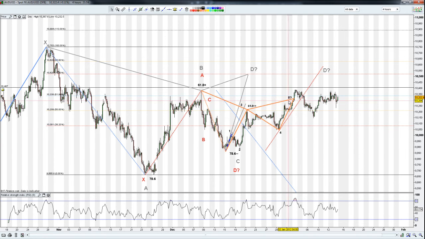It got up into a close 786, didn't really make a significant drop, but decided to test the B point here on our big Gartley, and has reversed and dropped down here. But I'm waiting to see if it'll actually get back up, break the A point, and get back up into a tradable pattern up here. In that case, it would be a Gartley that I'd like to go short on.